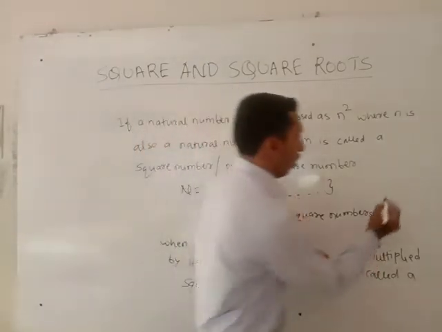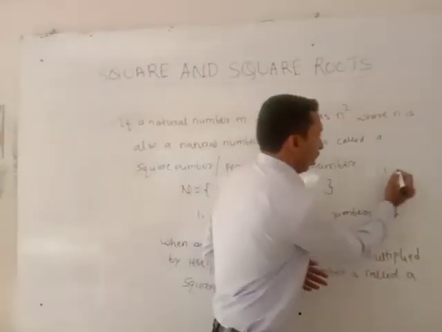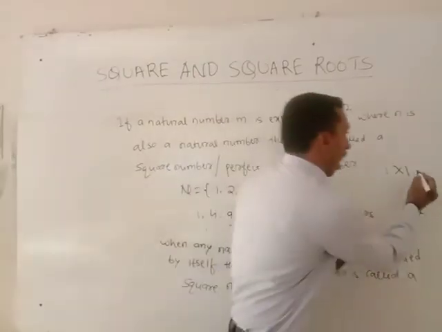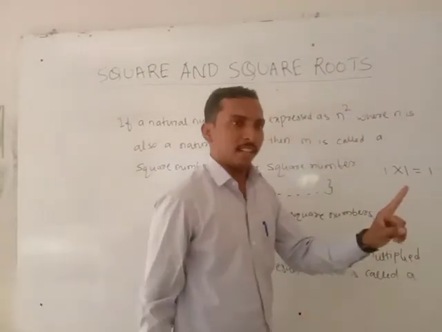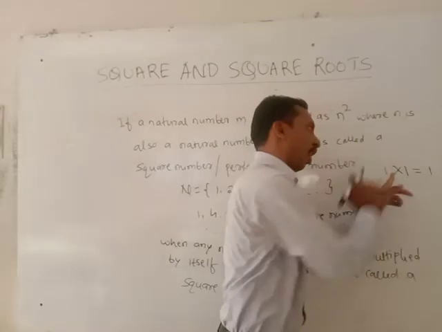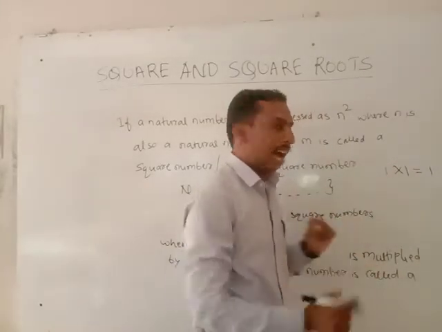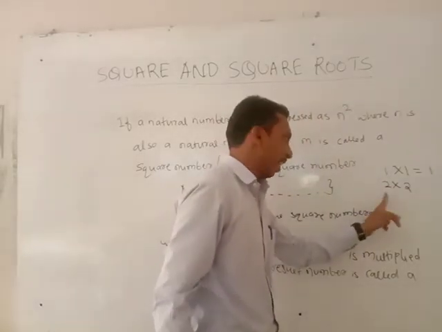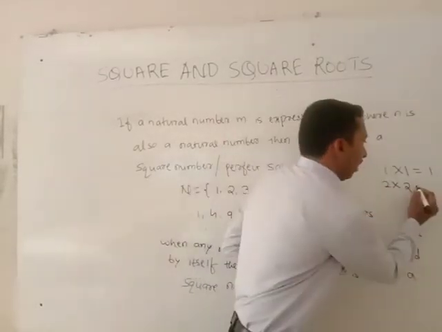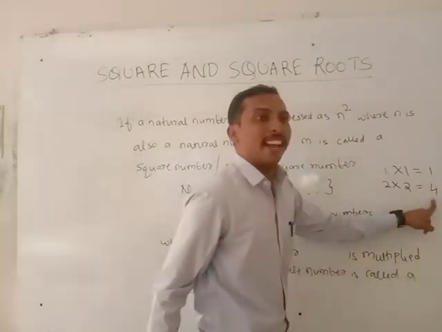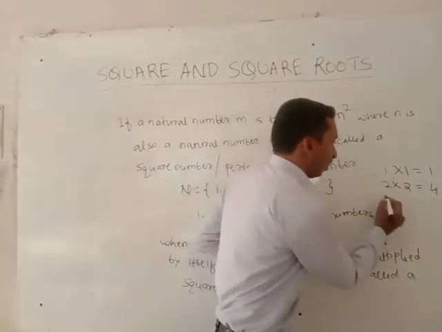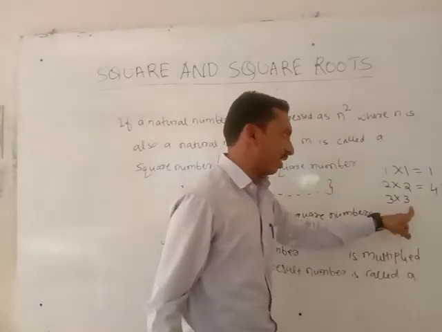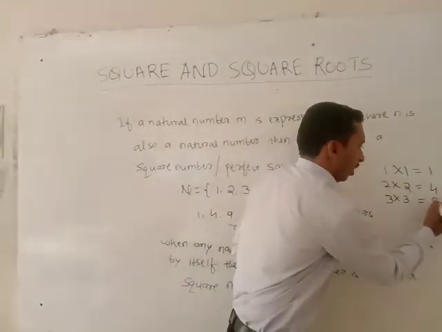If I multiply 1 by itself, I will get the number 1. Then 1 is the square number of 1. Now, if I multiply 2 by itself, the result is a square number. Now, if I take 3, when you multiply a natural number by itself, the result is 9.